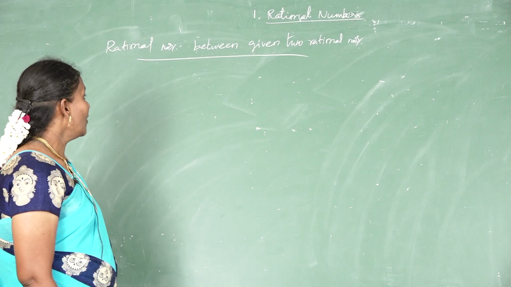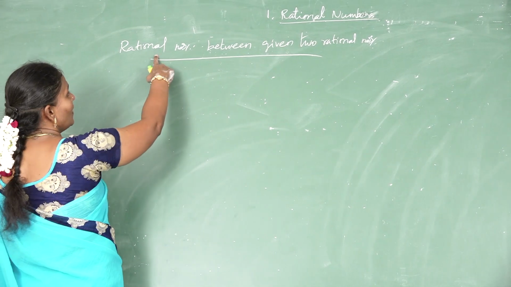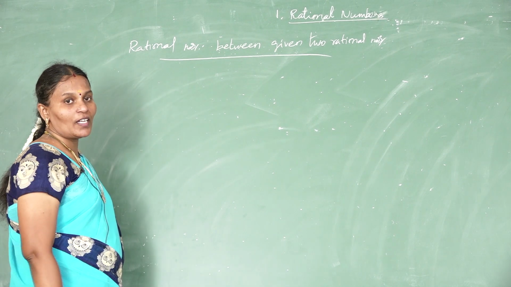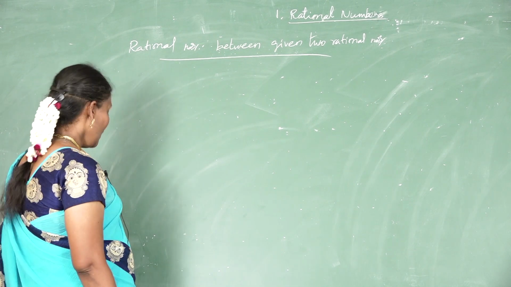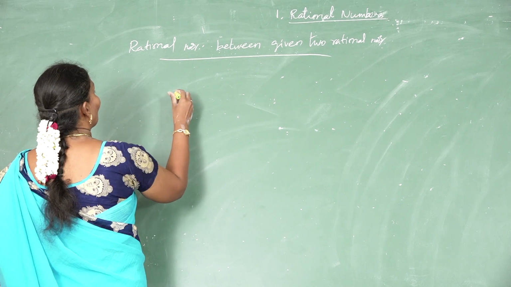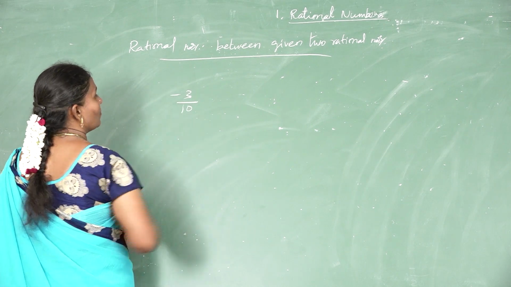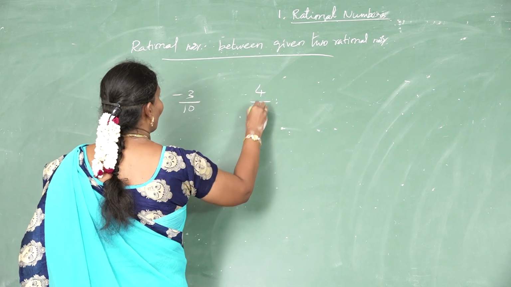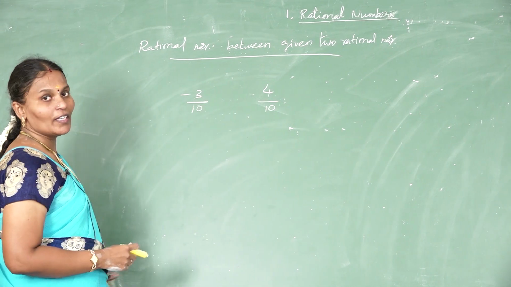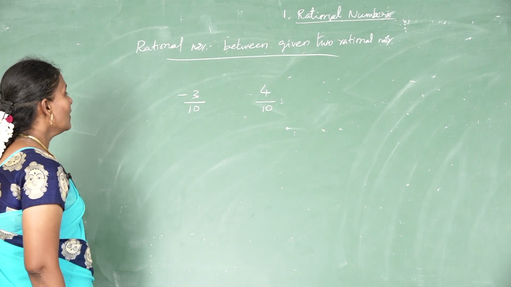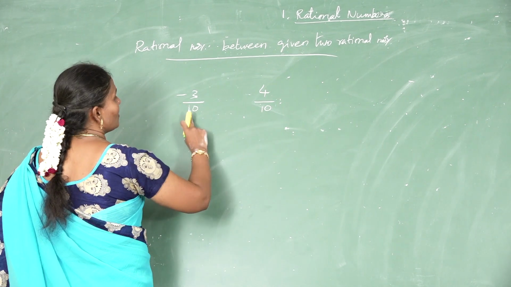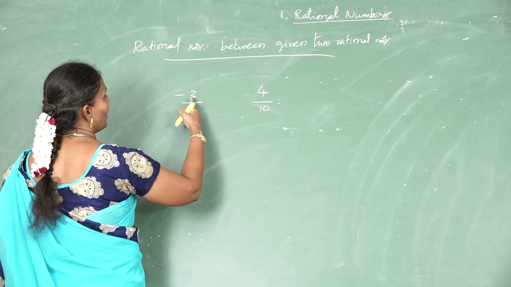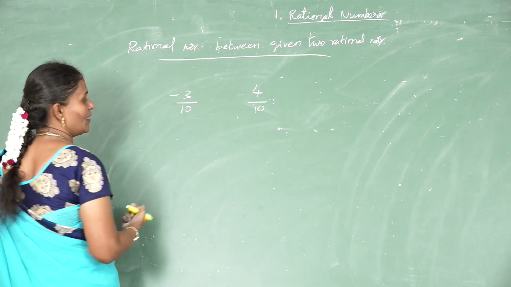Very good. Okay, now we see the heading rational numbers between any two given rational numbers. Now you take minus 3 by 10 and 4 by 10. See these two rational numbers. Here the denominators are same. So how many rational numbers are in between minus 3 by 10 and 4 by 10?